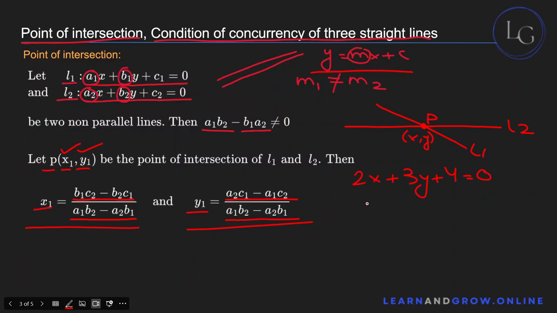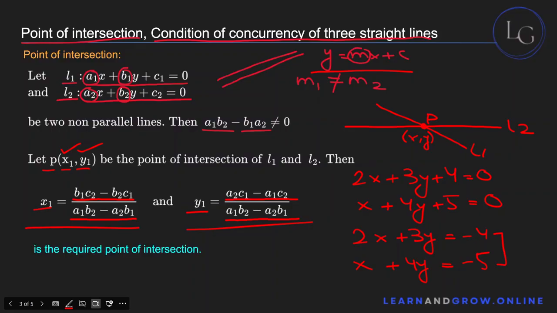Let's say the equation is x plus 4y plus 5 is equal to 0, and then what you can do is you can just take the constant to the right hand side in both cases, right? So these will be your two equations, and now you can just solve them simultaneously, and then you can get the values for their intersection point, right?